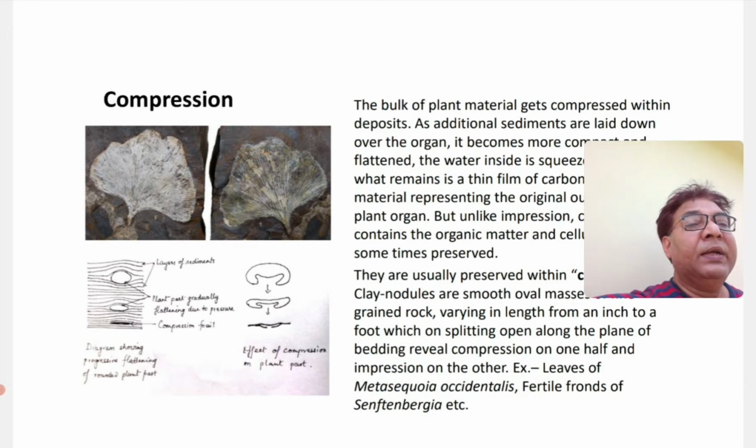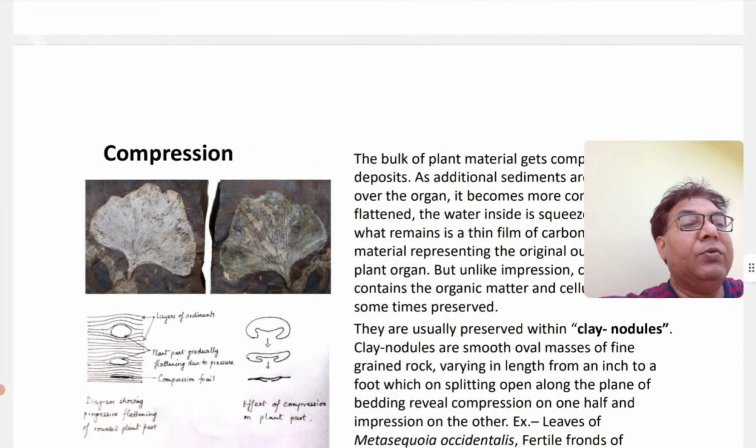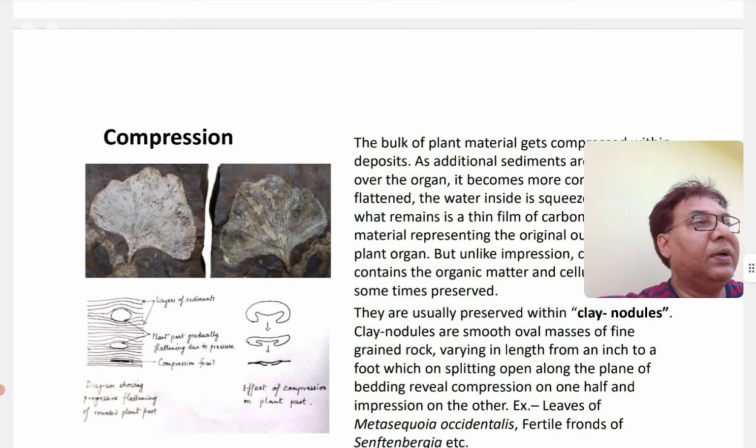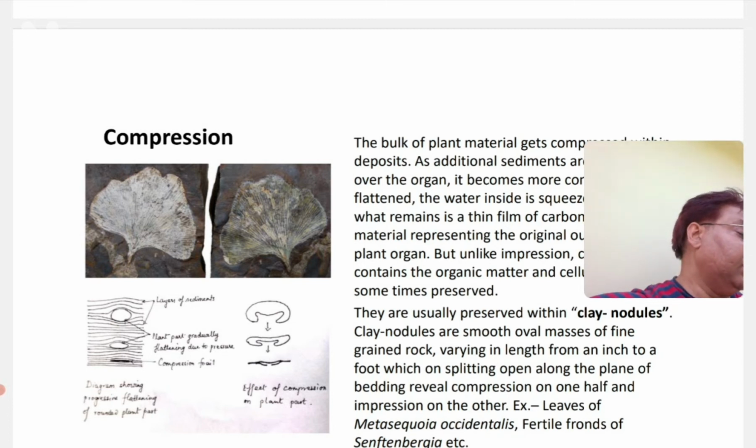This one is a clay nodule, a structure made of clay, a flattened body which is striated. That means there are layers on it, and if you split it open and there is a fossil inside, it will reveal it.